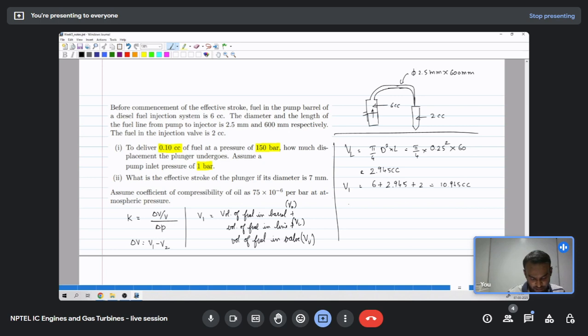So K is given as 75 into 10 power minus 6. This is equal to delta V by V divided by delta P, that is V1 minus V2 divided by V1, divided by delta P, which is P2 minus P1.